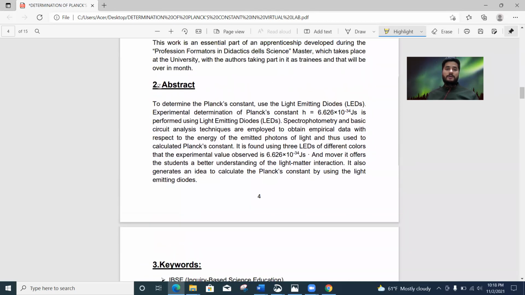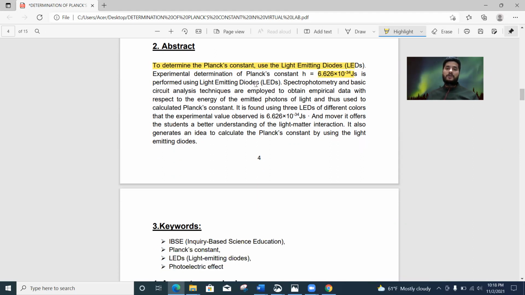And similarly, the abstract. The main vision of the experiment is to determine Planck's constant using light emitting diodes, and its value is nearly 6.626 × 10^-34 joule second, by using different color light emitting diodes, which have different wavelengths. A spectrometer and basic circuit analysis techniques are also employed to obtain the empirical data to calculate Planck's constant.